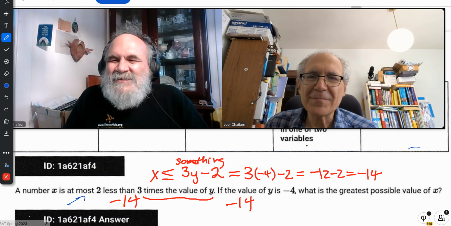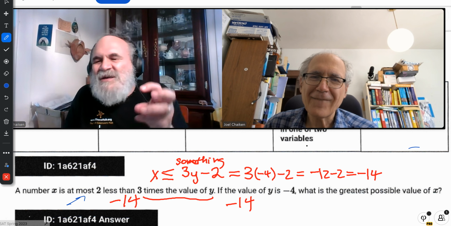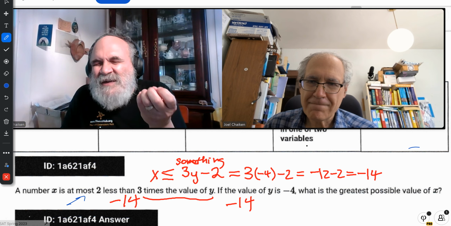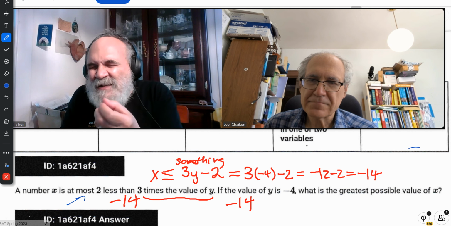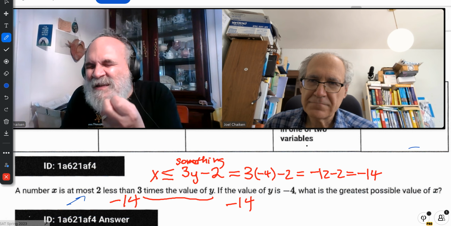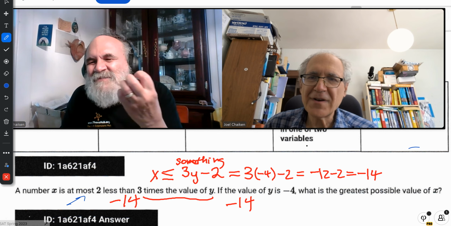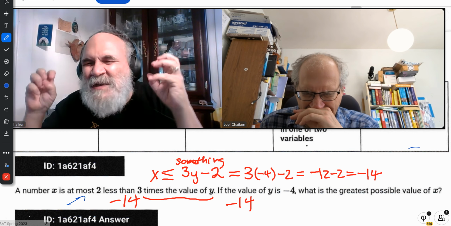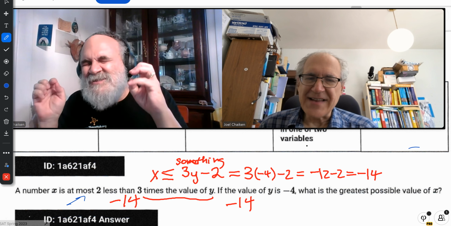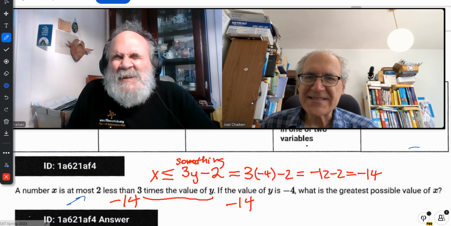Say x is at most something. Does that mean x is greater than or equal to something, or less than or equal to something? You have to stop and think. At most means it cannot be more, so it's less than or equal.